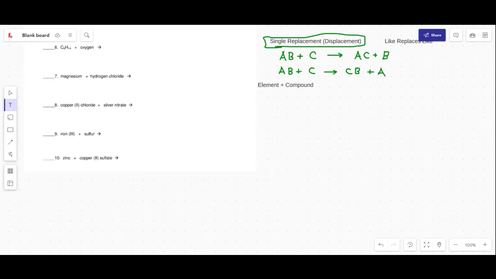Next, let's do double replacement or double displacement, depending upon your professor.